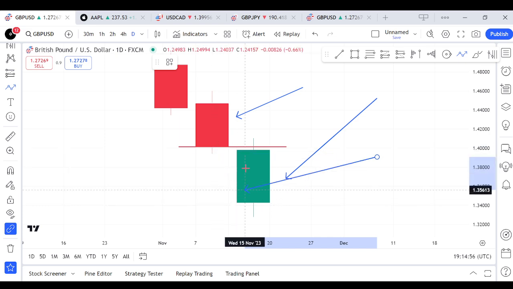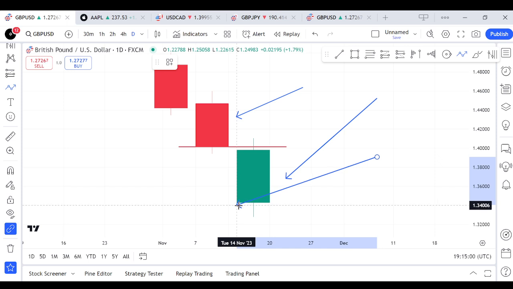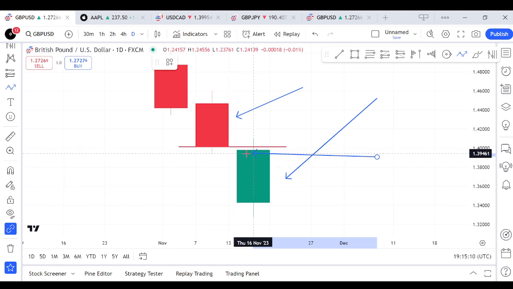And there was a gap here initially, and it suggested that there was continued bearish sentiment. However, buyers stepped in forcefully, pushing the price back up to close near or at the same level as the previous candle's close. So that's why they call it the counter attack.